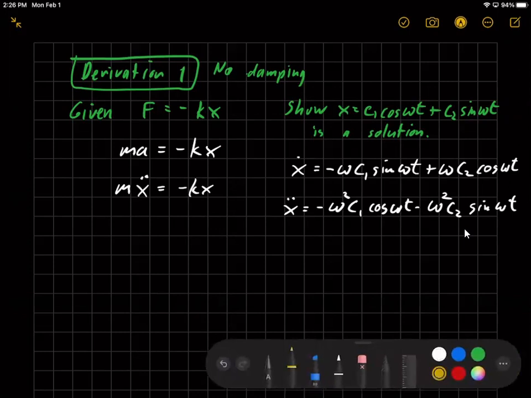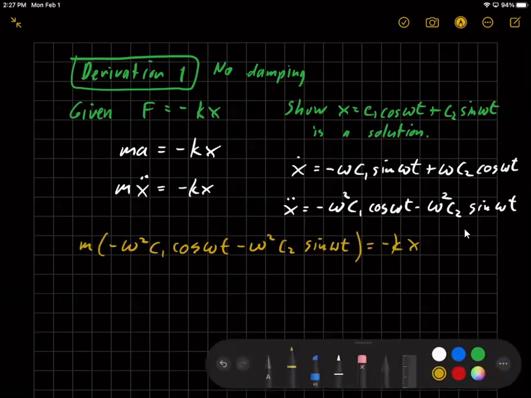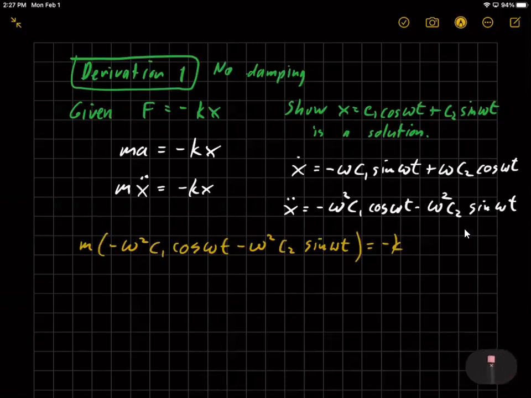So now let's substitute on the left, and we can say that m times everything we had for the second derivative of x with respect to time, which would be the acceleration, minus omega squared c2 sine omega t, needs to equal negative k times x.